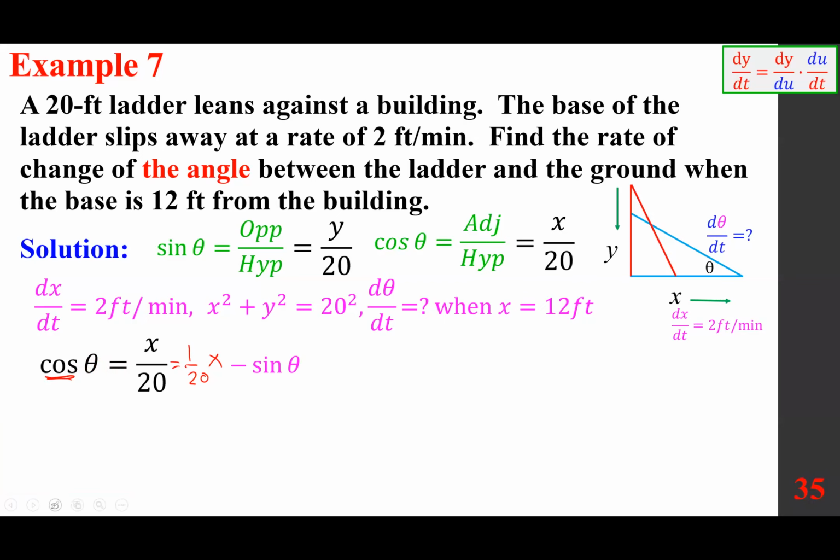The same variable, theta, times d theta dt, because theta is a function of t, because theta is not an independent variable. And 1 over 20 times x becomes 1 over 20 times dx dt.